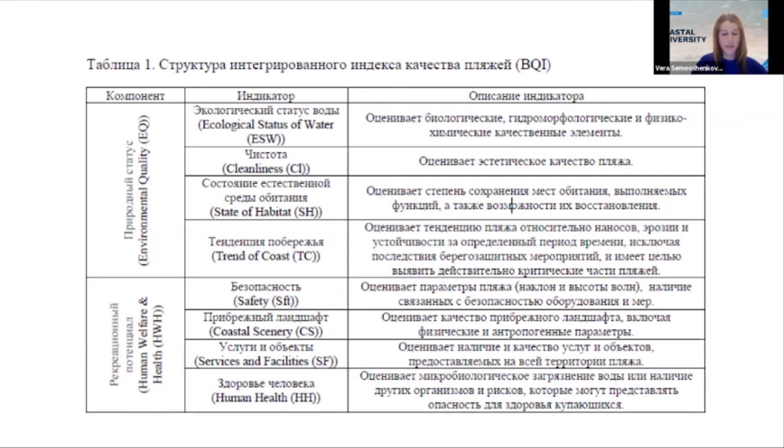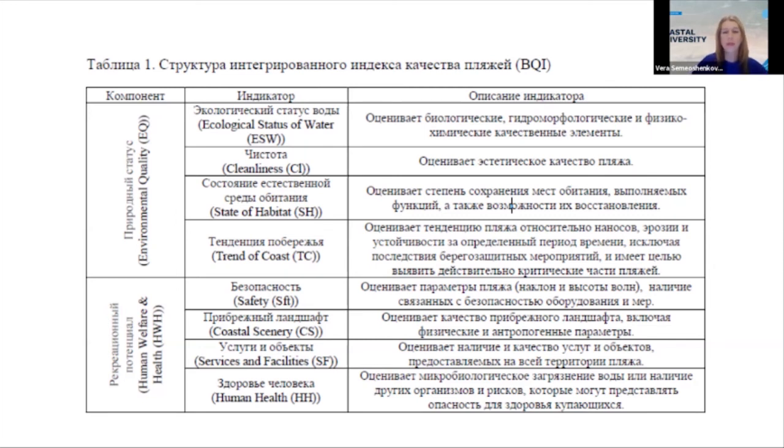We have integrated the beach quality index, which is a single aggregate index grouped into 2 main components, which are nature status and recreation status, because it is very important when assessing beaches and coastal zones in general to assess not only the environmental values and characteristics, but also the recreational conditions like safety, availability of required facilities, and so on.